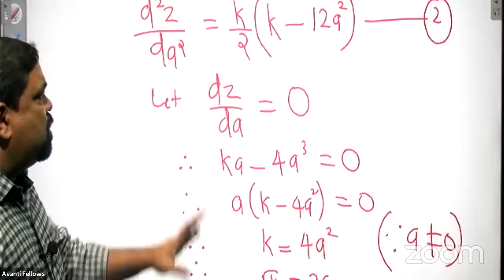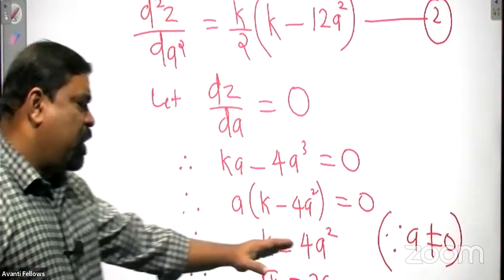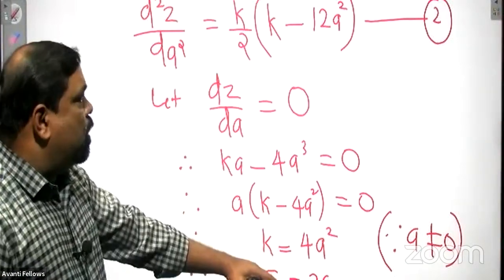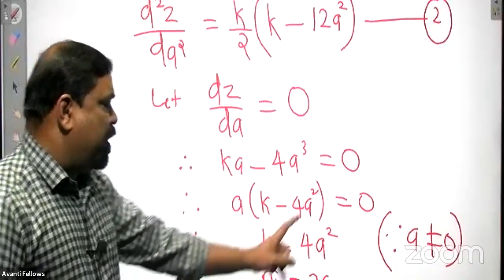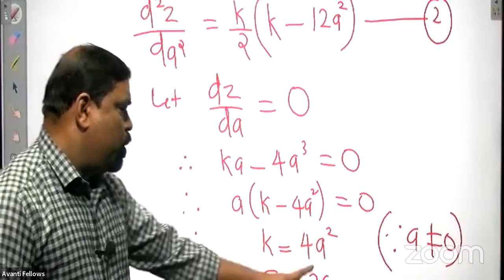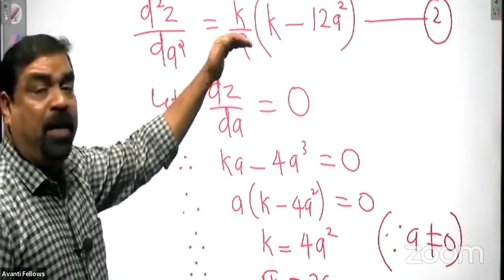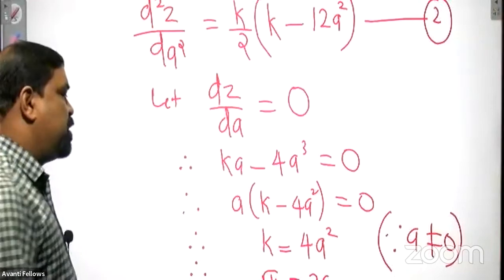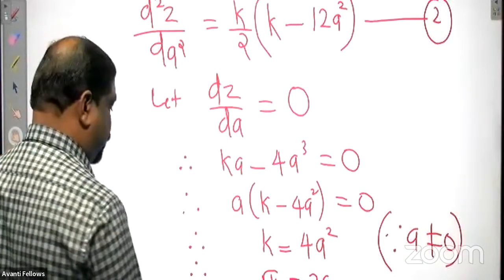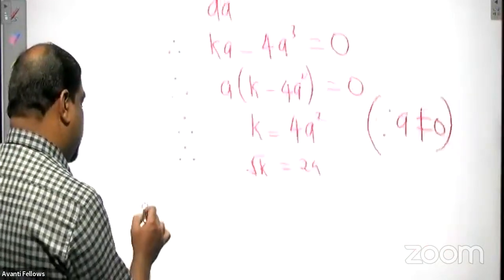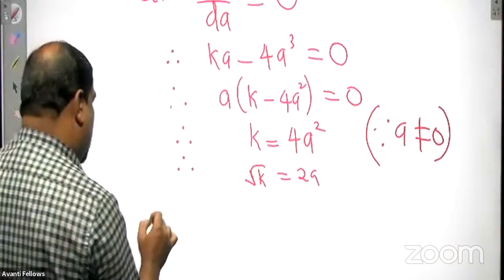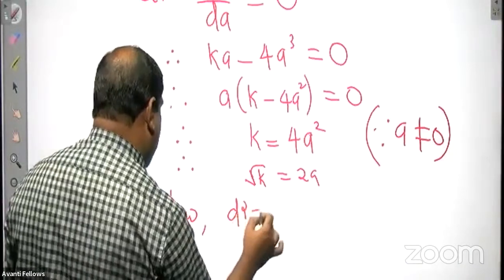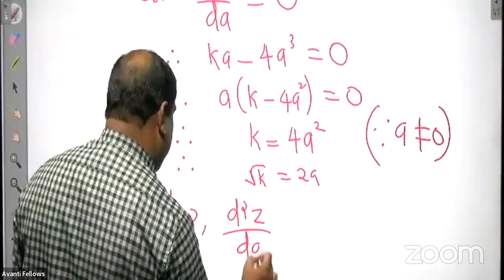Now what is the next target? We already got the critical point. Now we have to see, when k is equal to 4a square, that is, root k is 2a, what is the sign of the second derivative? Let us check the second derivative sign at this critical point.